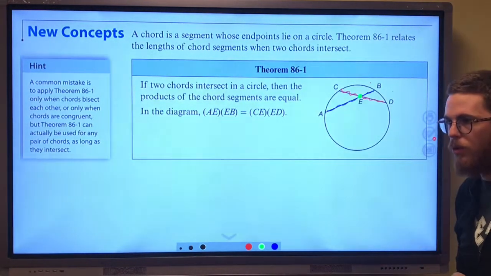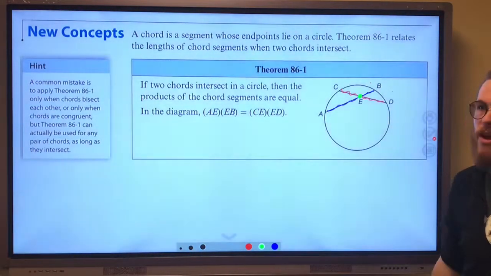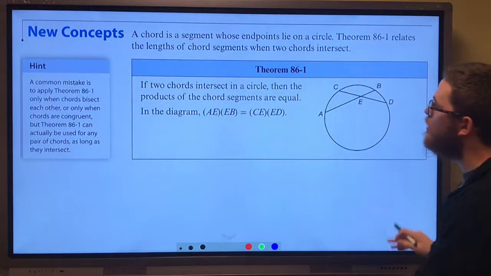The product of the segments of one chord equals the product of the segments of the other chord when they are intersecting in our circle. So let's see this in action.